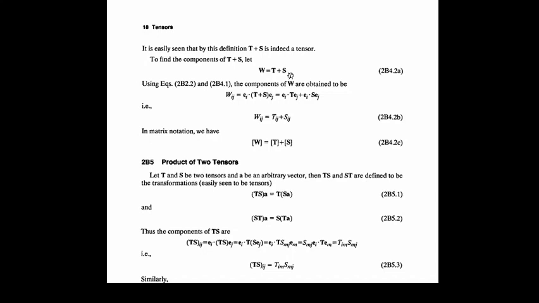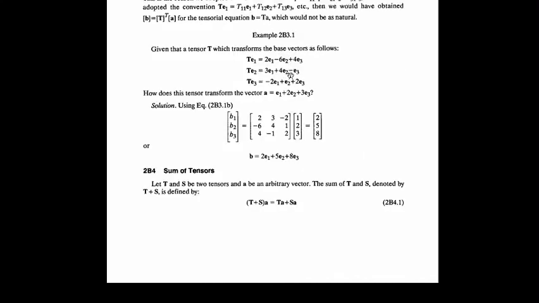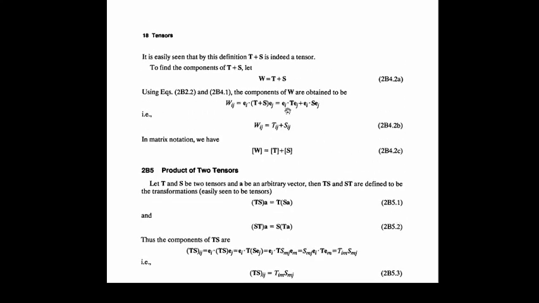Now here we will use the definition of this sum, given in 2b4.1. So we can write Ei dot, inside the bracket, Tej plus Sej.